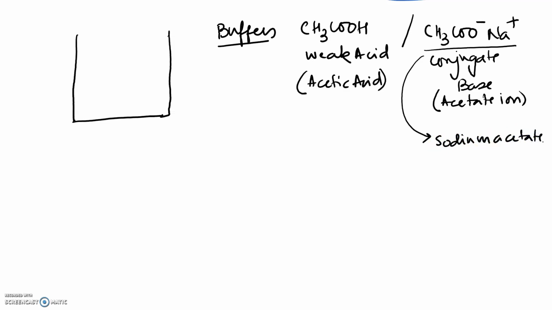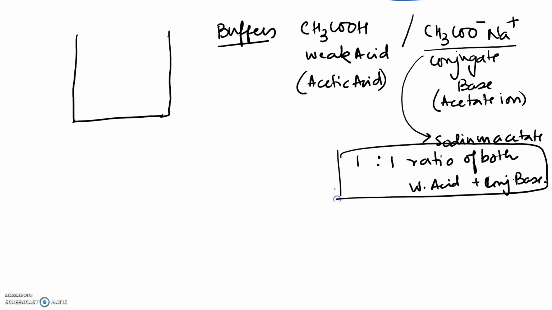Okay, so if you take a 50-50, or basically a 1:1 ratio of both the weak acid and the conjugate base, you end up getting a buffer. Okay, so let's say we have a solution of buffer.